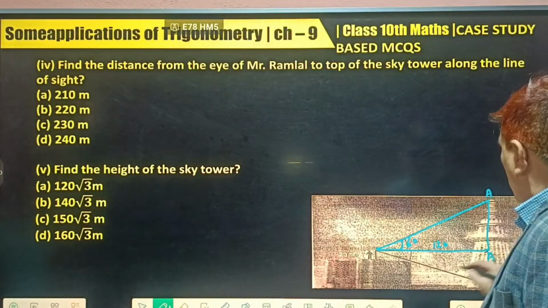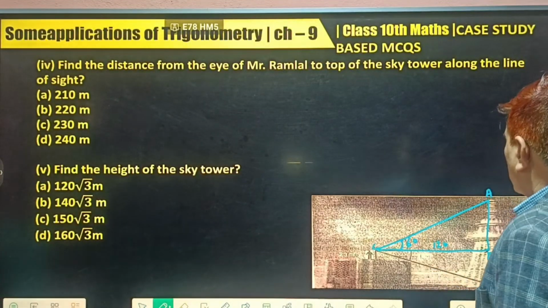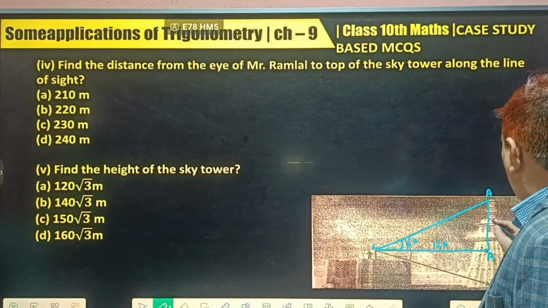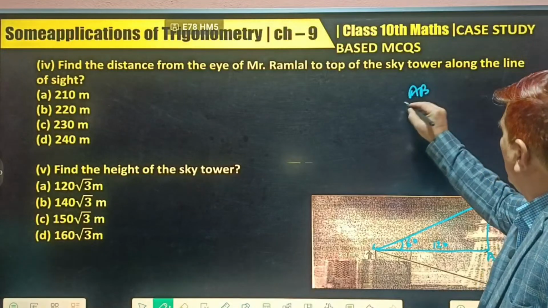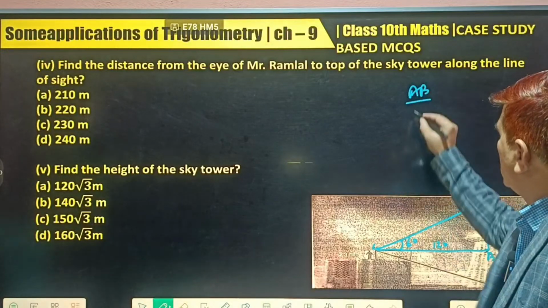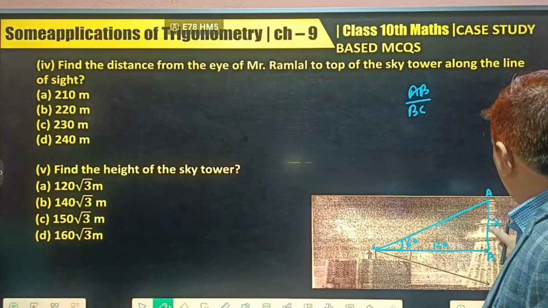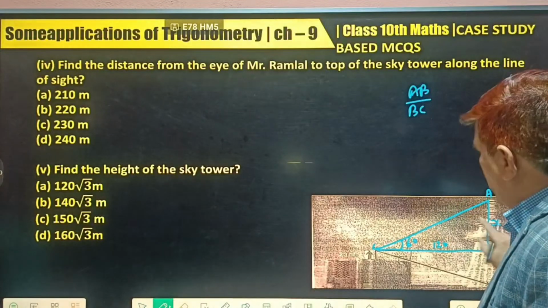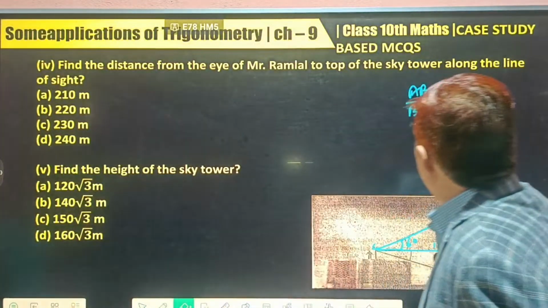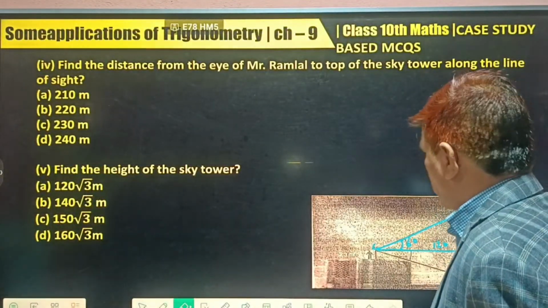A, B and C. So this we find out, we are saying this is X. What we have to find out? This we have to find out.